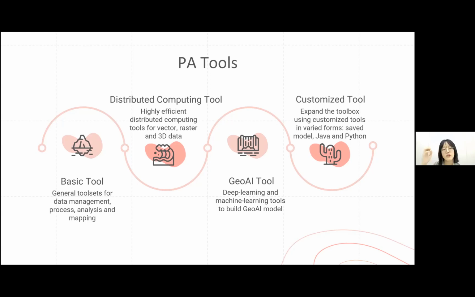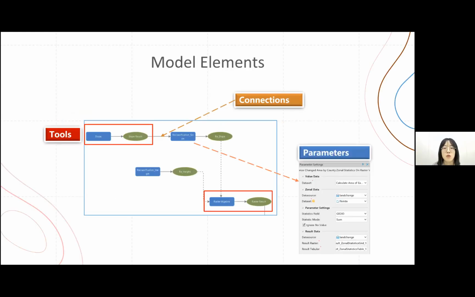And then let's go to what elements we have in a model. As we said before, the model is made up of tools connected together. First, as we highlight here, a blue rectangle and a green ellipse make up a tool.